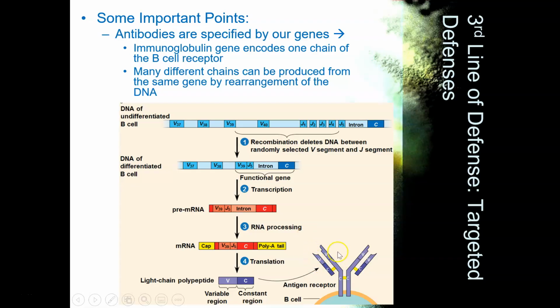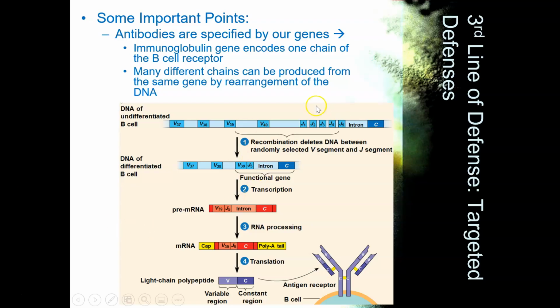And the way in which we can create all these different varieties or different shapes in this antigen recognition site is to be able to go through and look at expressing that set of genetic information in different combinations. So I have all of these genes that are controlling for that little arm of that receptor, but I don't necessarily express all of it at once.